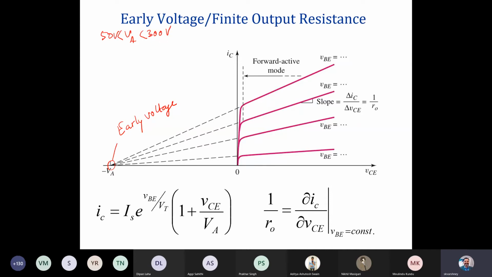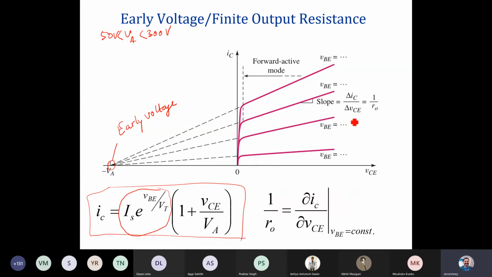Because of the base width modulation we have a slope, so if I find r naught, I can find the change in output voltage divided by the change in current, and we can find it by differentiating this expression. Initially the collector current was governed only by this.